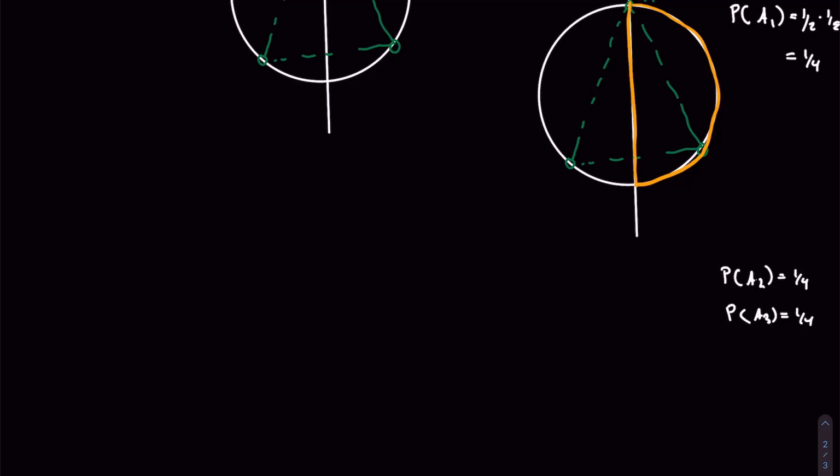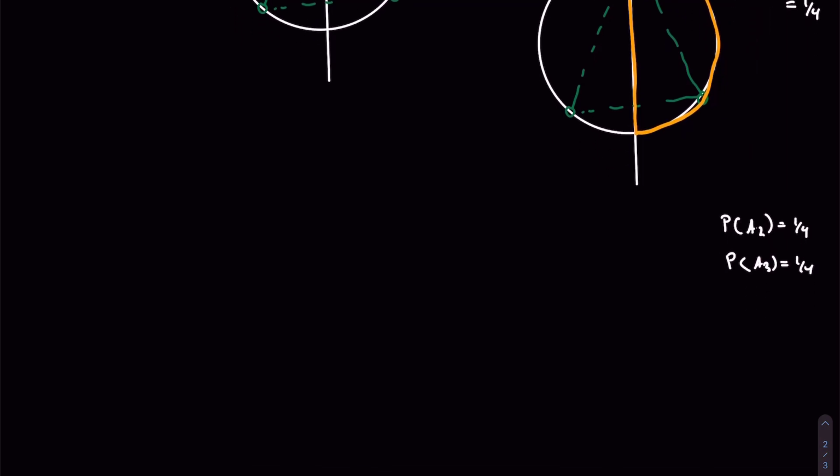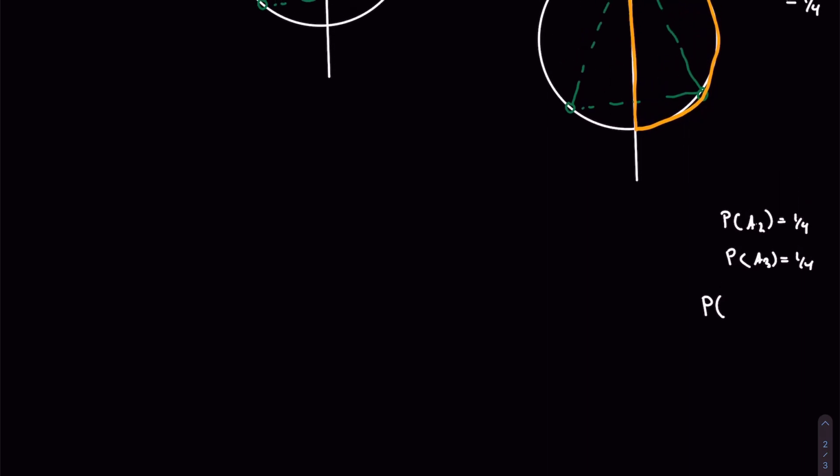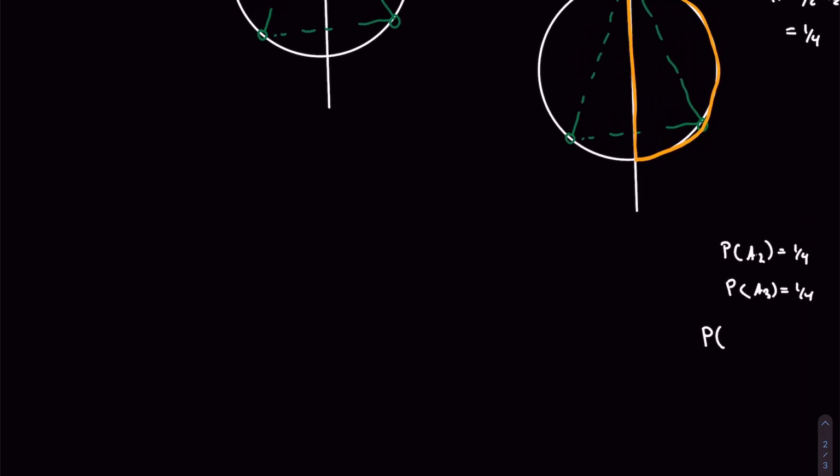And so what does it mean? Basically it means that we're trying to find out the complement. And so it could only be that these legs will fall into this area only once for all of these events. So basically we have that the probability of A1, A2, A3 not happening, since they're disjoint, is 1 minus 3/4.